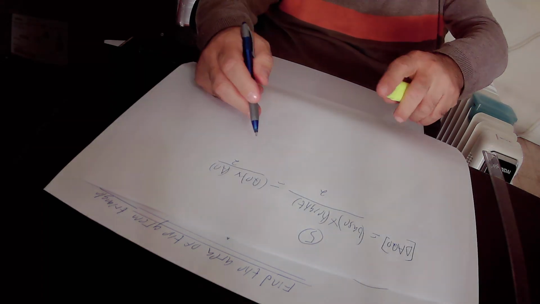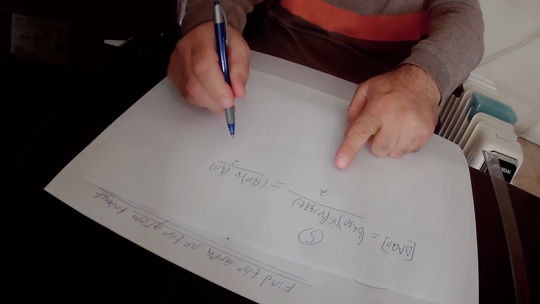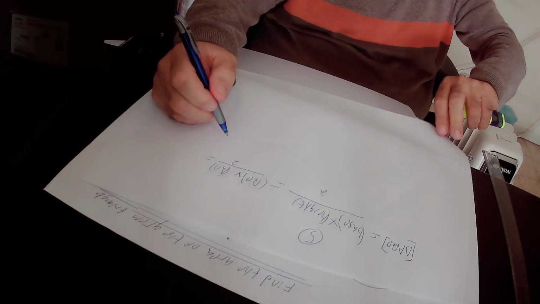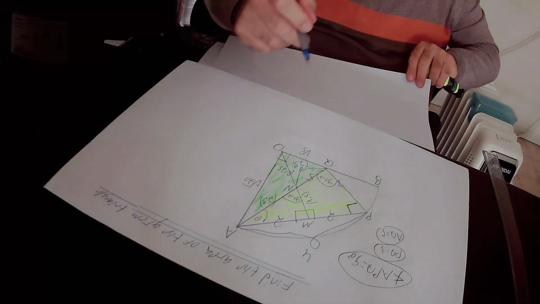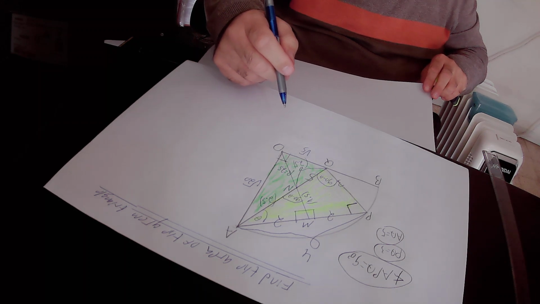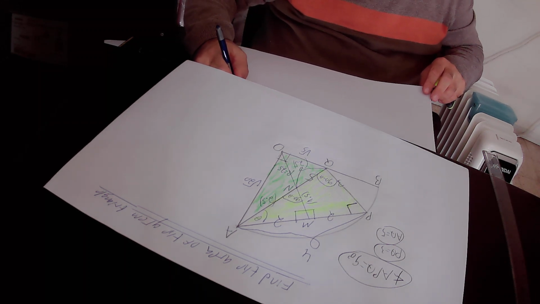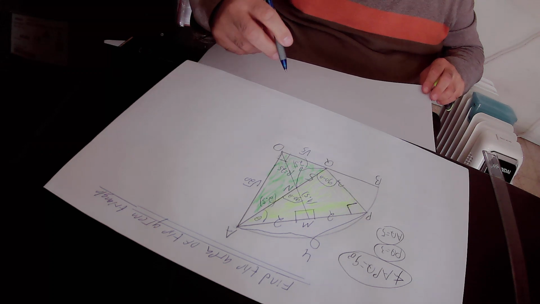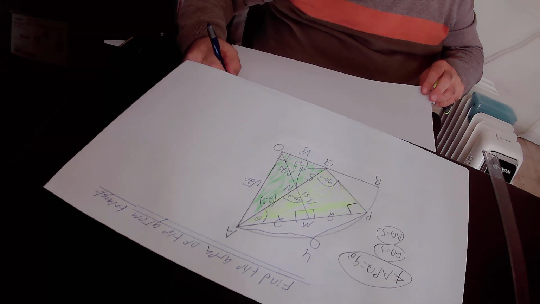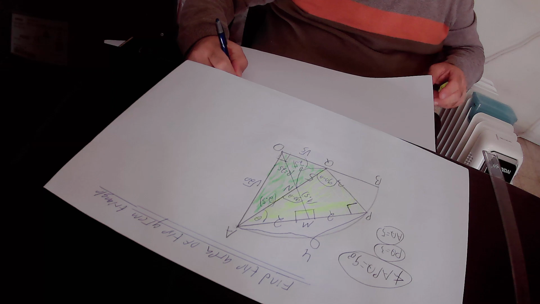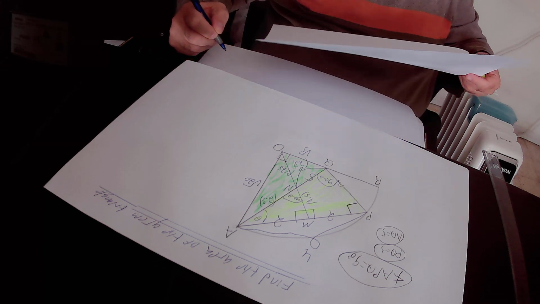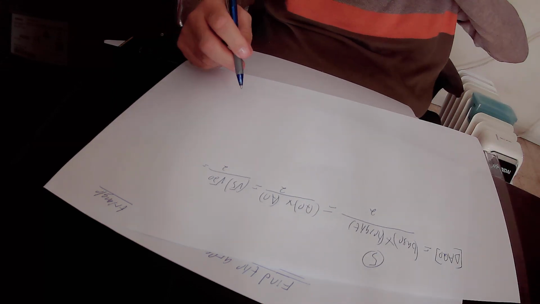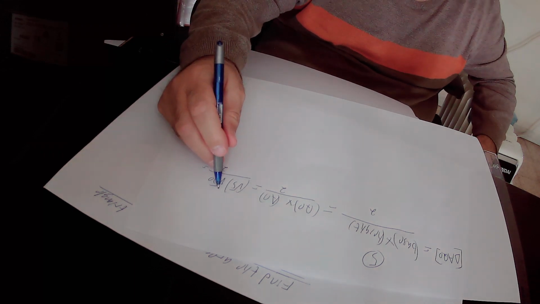The base is QO, the height is AO, over 2. QO equals the square root of 5. AO equals the square root of 20, over 2. In conclusion, we found out that the area of triangle AQO equals the square root of 5 times square root of 20 over 2.